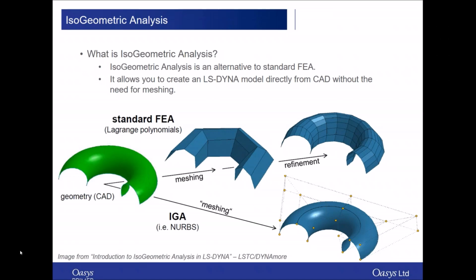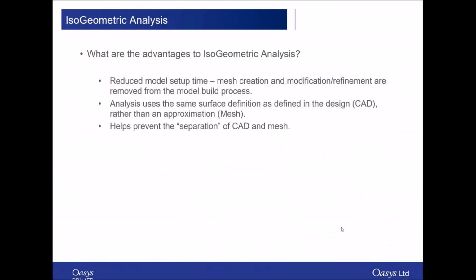So the standard route you probably go down at the minute is you have your geometry here, you'll mesh that, you might refine that mesh, and you go down this route. Now the isogeometric analysis route is that you start off with your CAD, and you convert that CAD into NURBS data that DYNA understands and can use in its models.